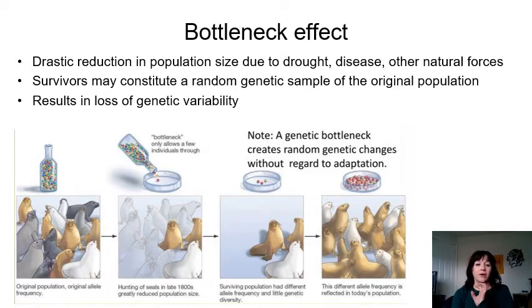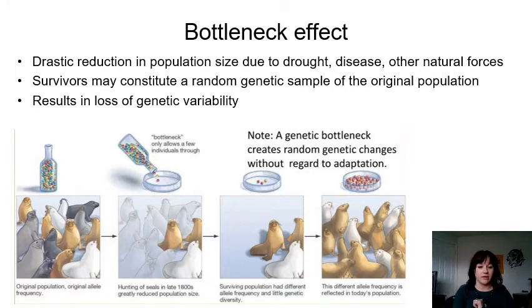Whoever is left behind, whatever genes they have are what future generations are going to have as well. So this is again going to result in a loss of genetic variability. Let's look at an example.